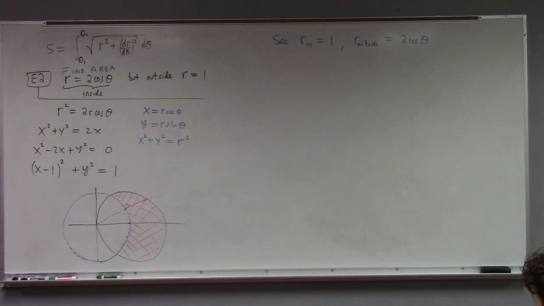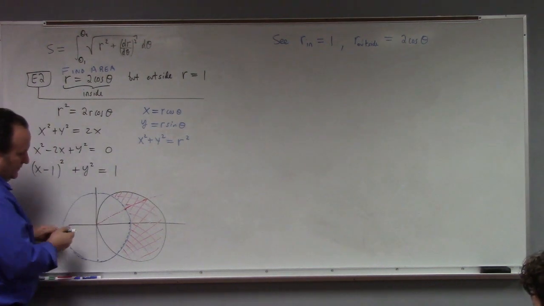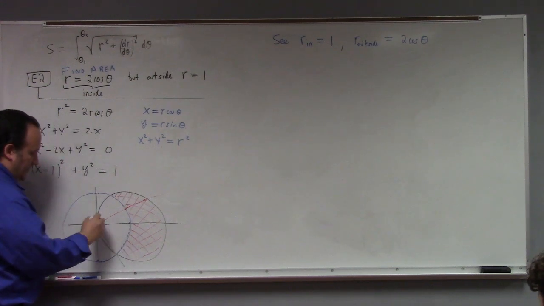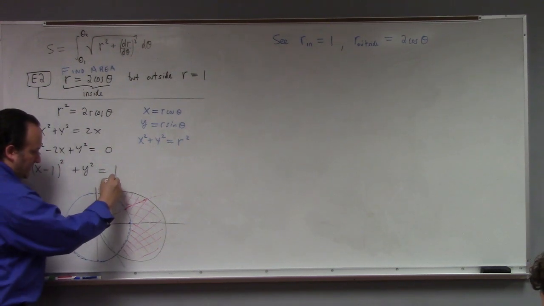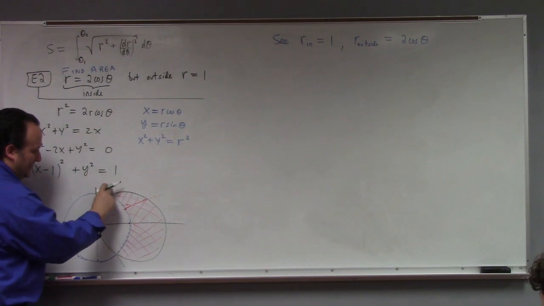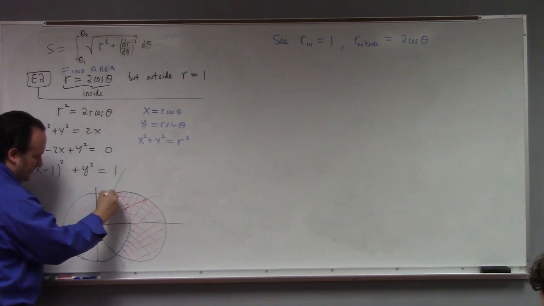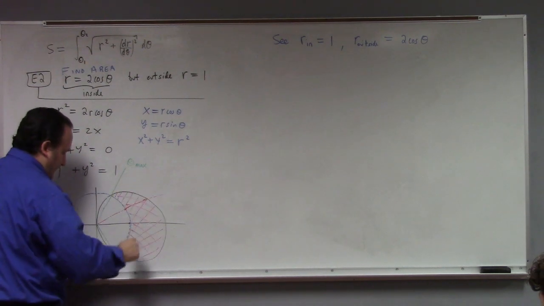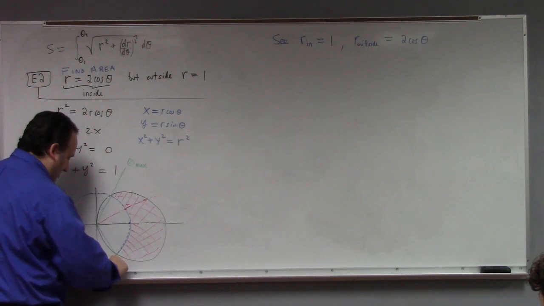Now, if you look at this, you see what's going on here. You've got this point and this point. You get the idea. So this is theta max. This is theta min over here.